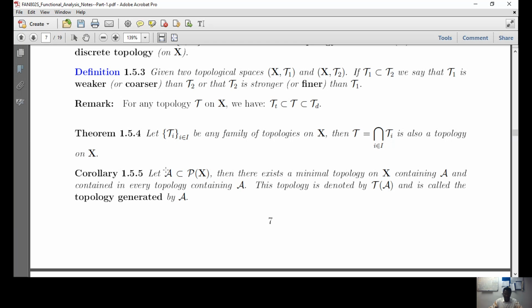Like in the corollary here, if we take calligraphic A to be a subset of P(X), which is not necessarily a topology, just an arbitrary family of subsets of X, we can construct the generated topology, that is the intersection of all topologies that contain A. That will be the topology generated by A. Exactly what we did with sigma algebra.